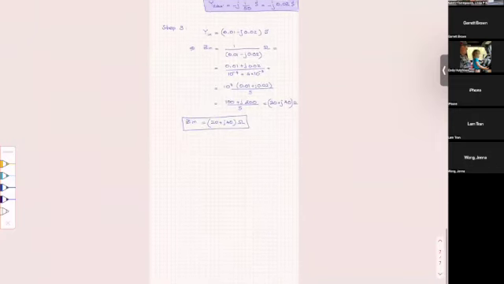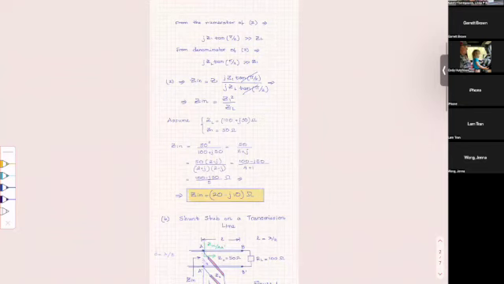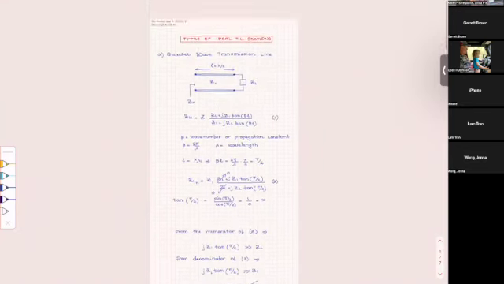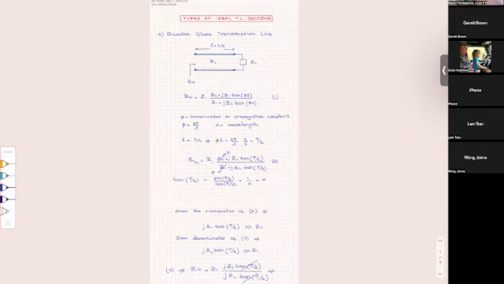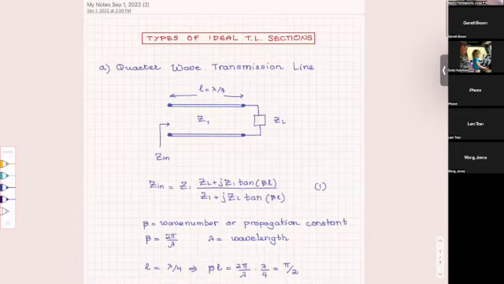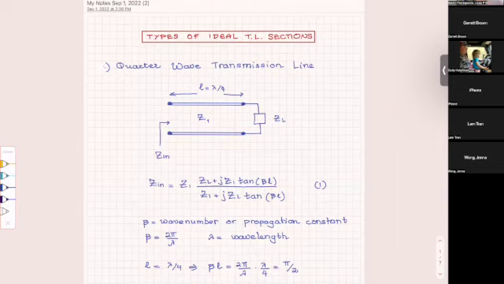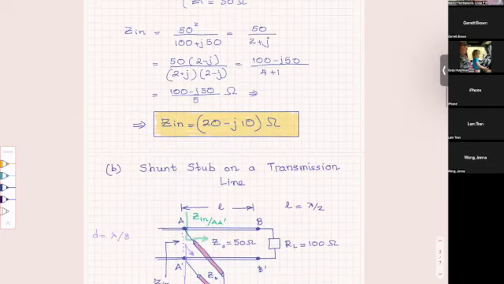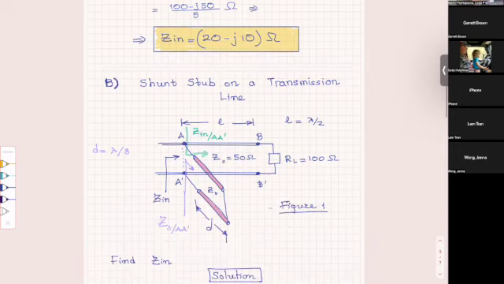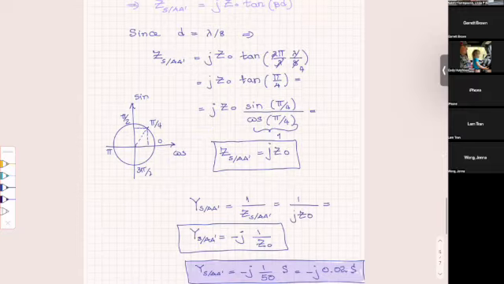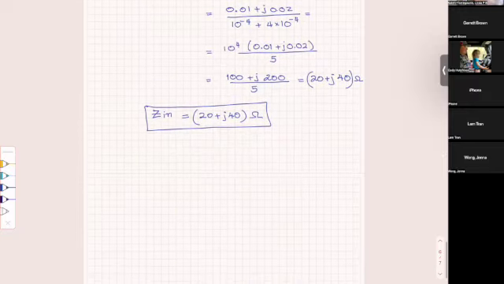All right, so now this is problem 2. So let's solve another problem.